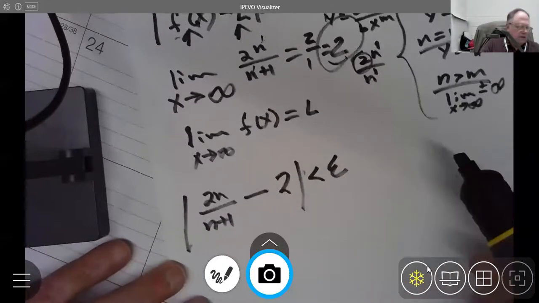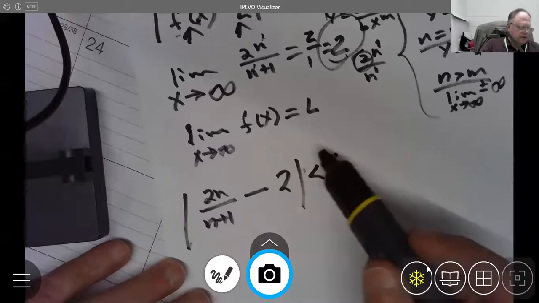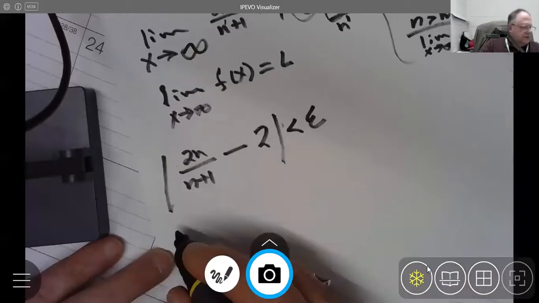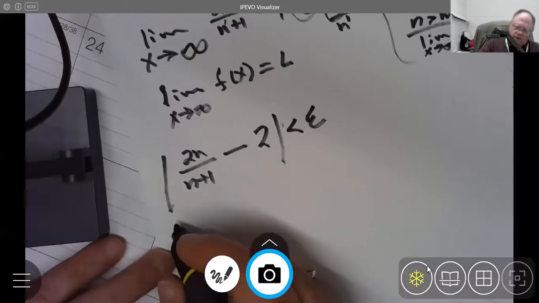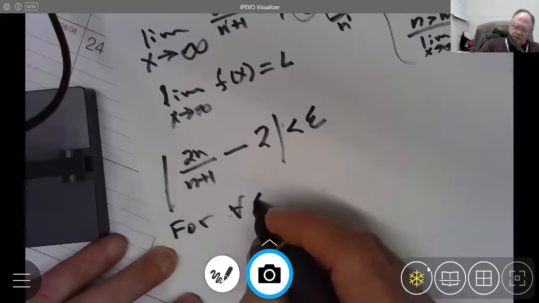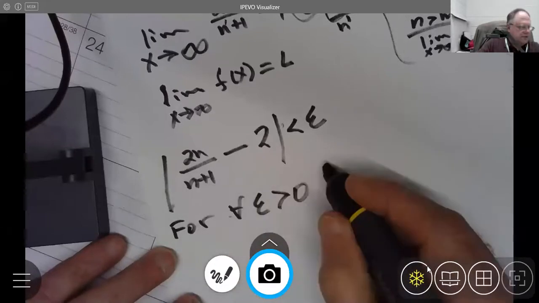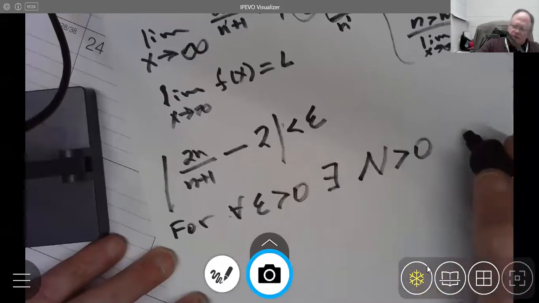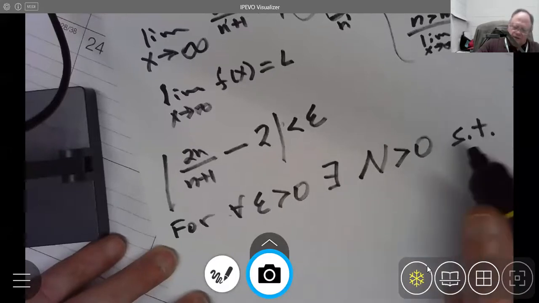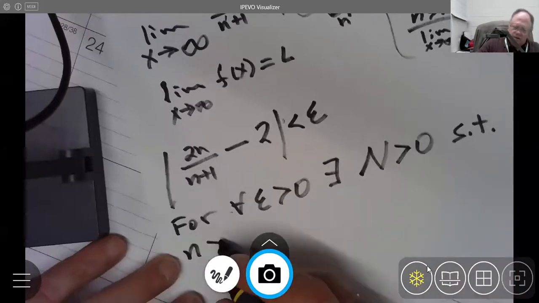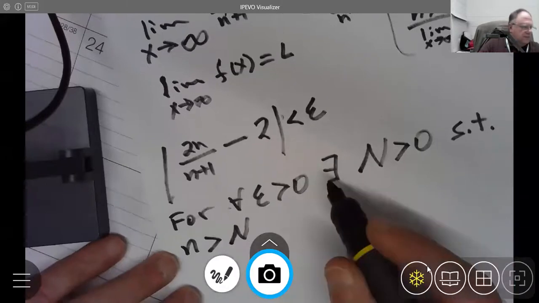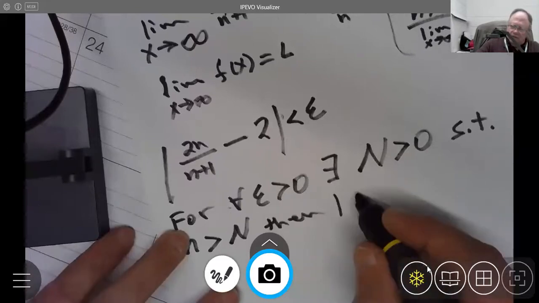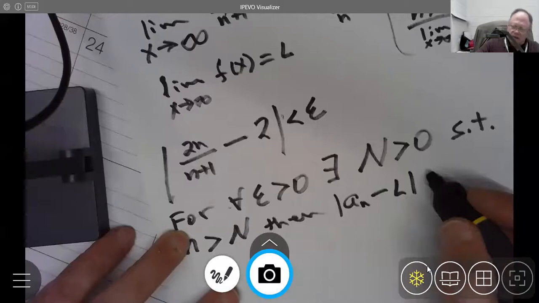What we're doing here is, for all epsilon greater than 0, there exists a capital N greater than 0 such that if n is greater than the uppercase N, then we can say that a sub n minus L is less than epsilon.